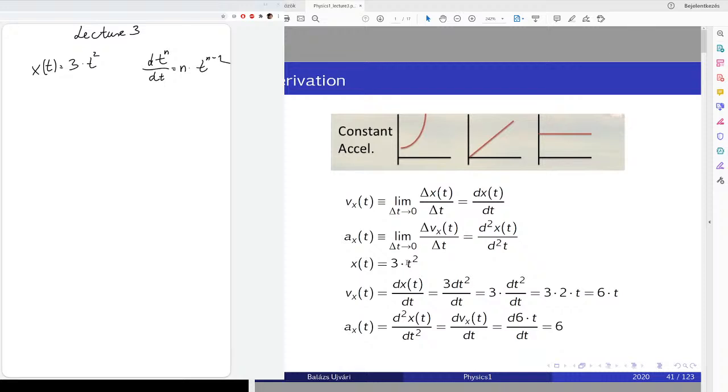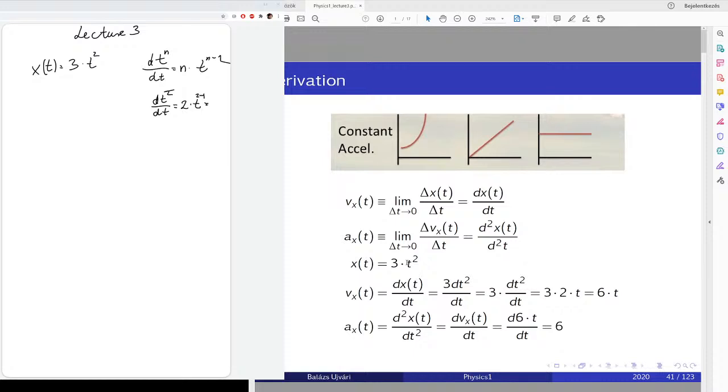If we derive, for example, t squared, it's 2 times t to the power 2 minus 1, which is 2t.